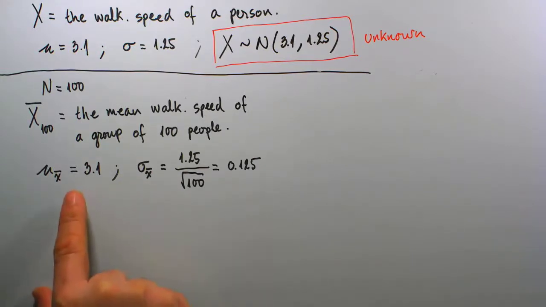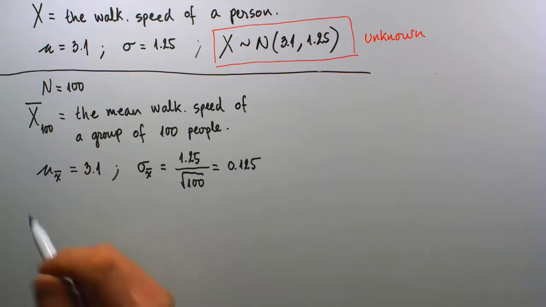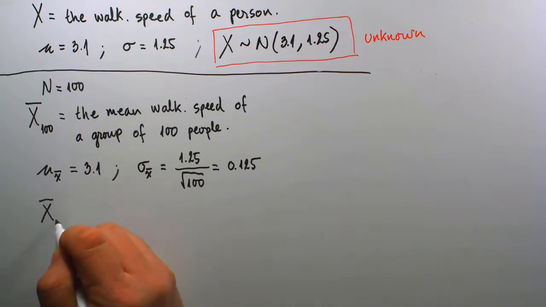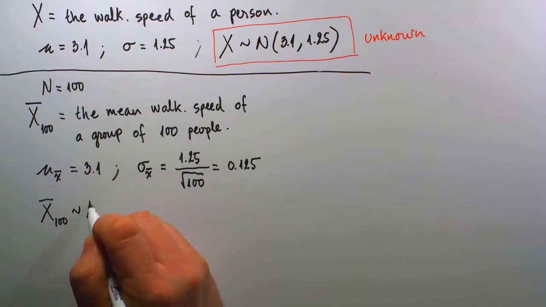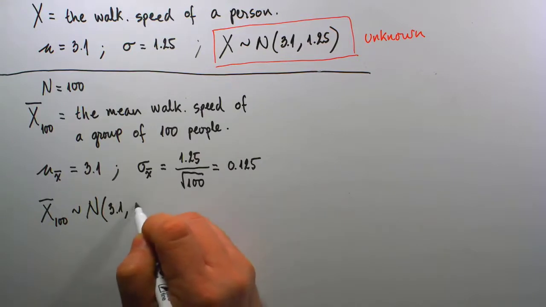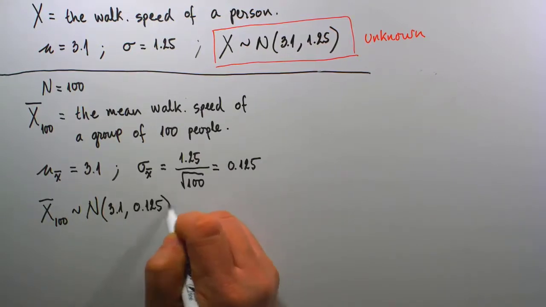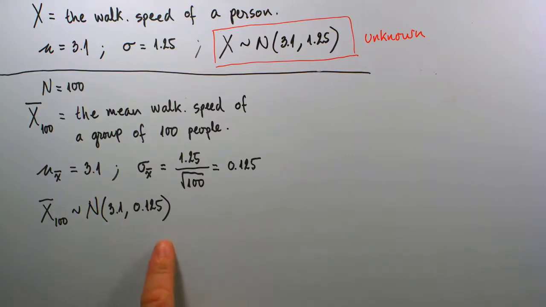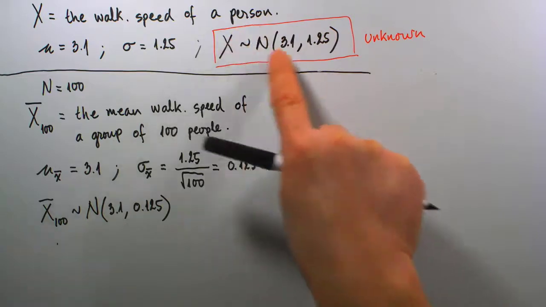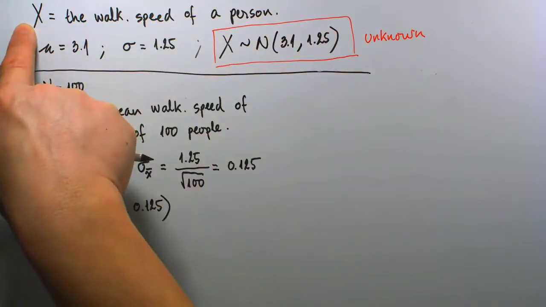So for the next key step before being able to find the actual answer, we want to decide whether capital X bar at sample size 100 would be normally distributed or would be placed on a bell curve taking center 3.1 and standard deviation 0.125. So now we are about to find this out. Again, reminding that we have an unknown distribution shape of our beginning distribution.